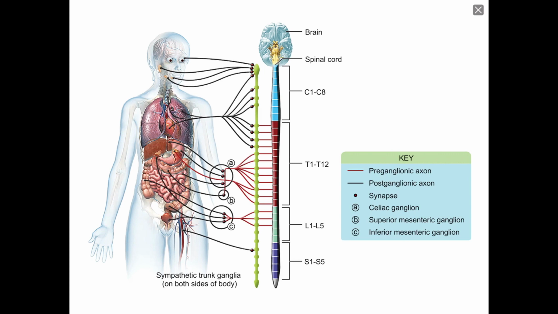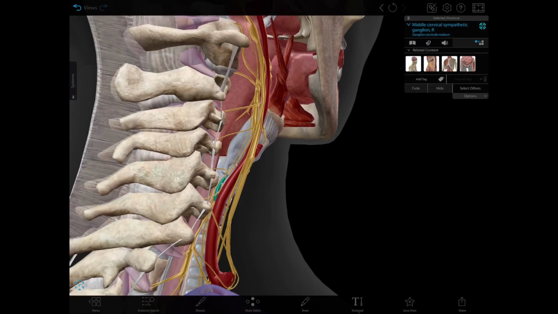After that, they enter the upper thoracic sympathetic trunk via the white communicating rami, and they will ascend through the sympathetic trunk to reach the cervical ganglia. Now, usually this cervical part of the sympathetic trunk consists of three interconnecting ganglia.